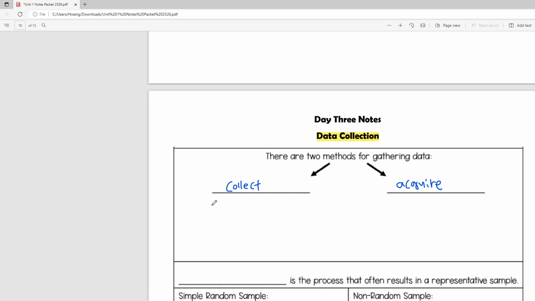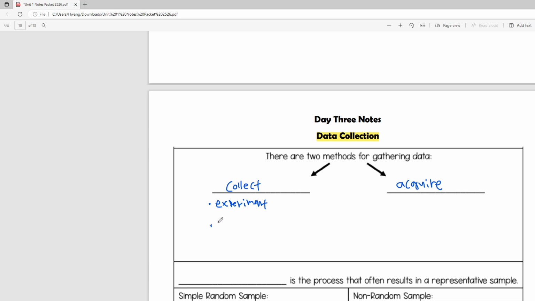To know the difference, let's actually compare these two data methods. First one, collecting, is used for experiments. For example, when you want to see the relationship between two variables, and you want to make a scientific experiment behind it, like the temperature of water versus the frog egg population, then you collect the data.